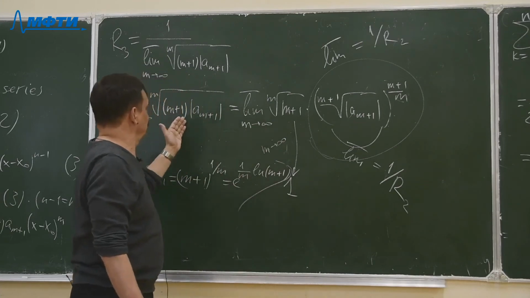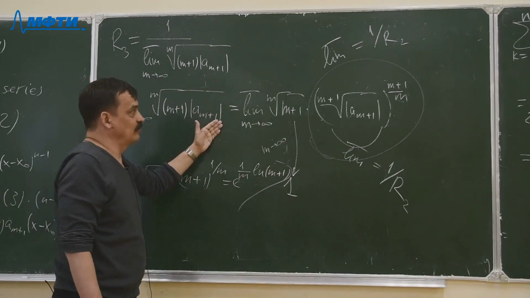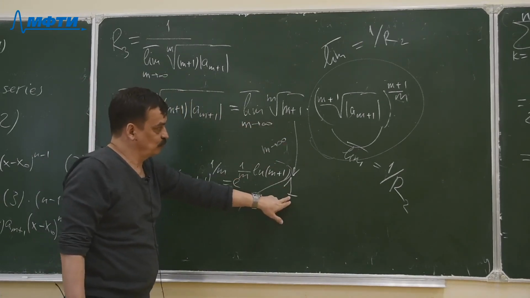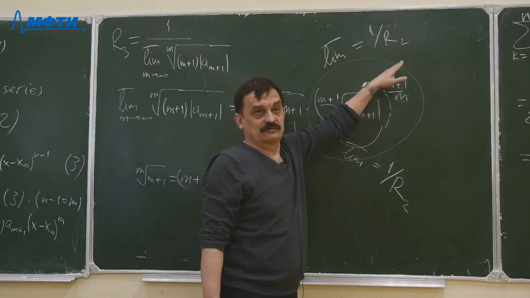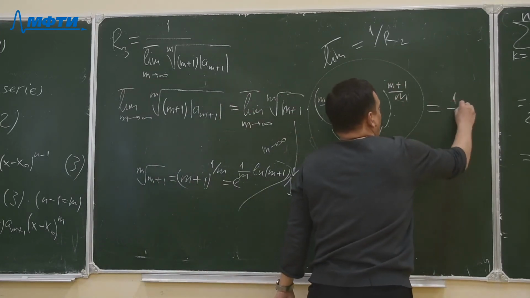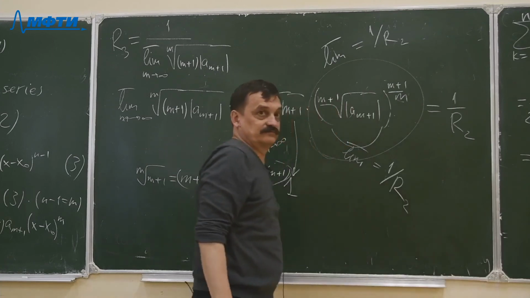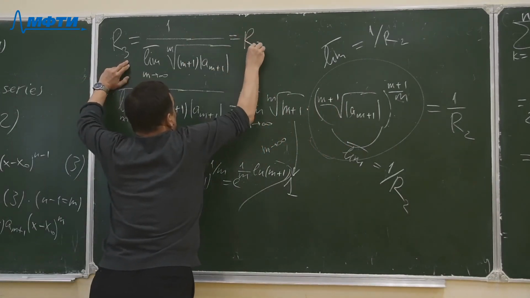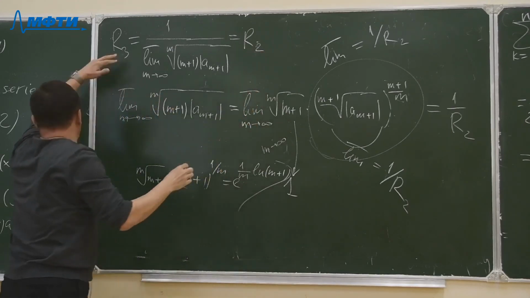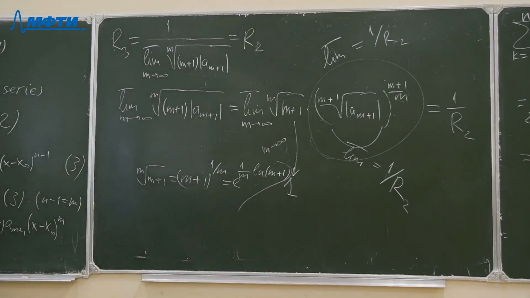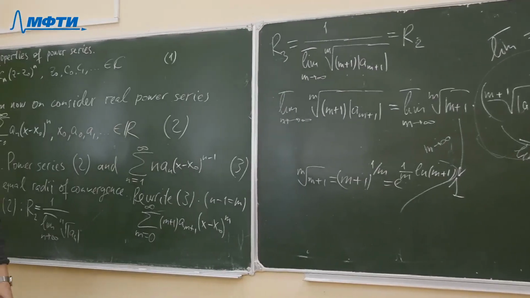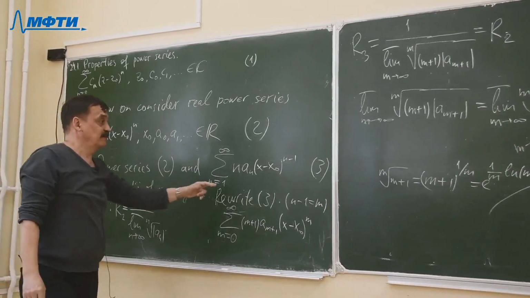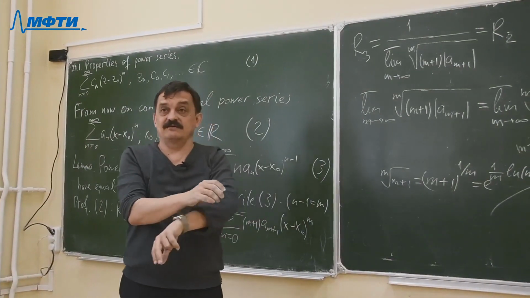So the upper limit of this one is also equal to the product 1 times 1 over R2, which gives 1 over R2, right? So in fact, the radii of convergence for 2 and 3 are the same.